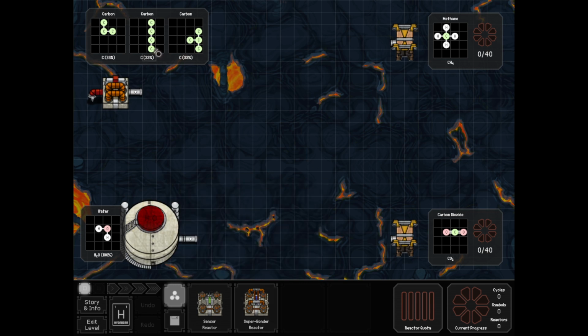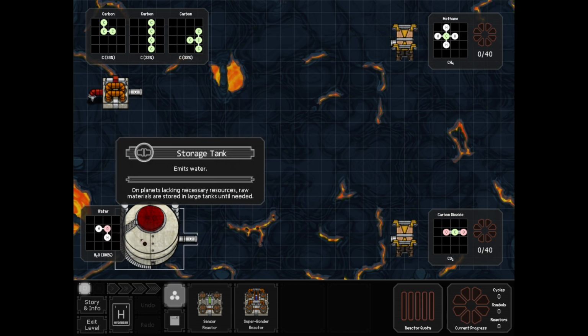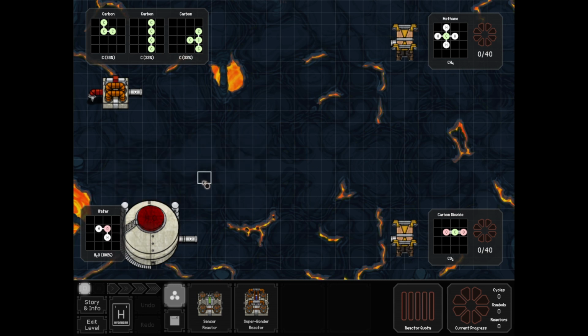Because basically what we want to do... There are 5 reactors. Basically what we want to do is separate the carbon into individual atoms. And I guess we're separating this into individual atoms as well. The water. So I guess that's like 4 reactors, ideally.